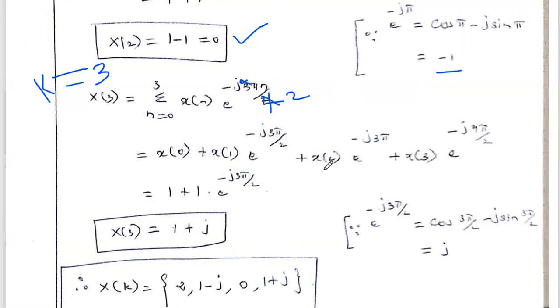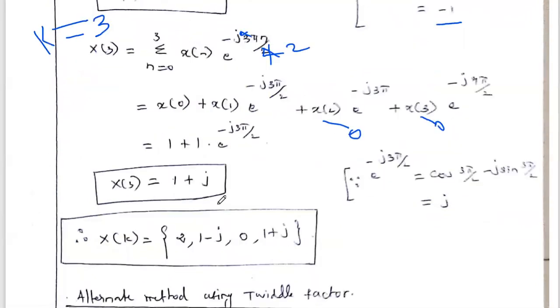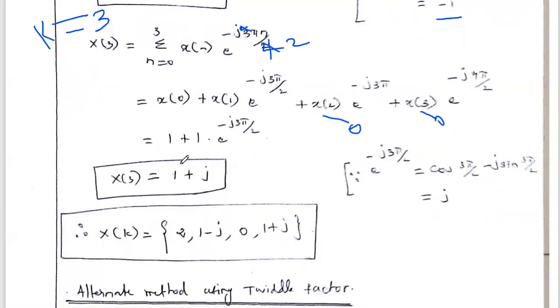Anyway, the x of 2 value and x of 3 value are 0, so the product of anything with them tends to be 0. So only we will get the first two terms. So x of 0 value is 1, plus x of 1 value is 1 into e power minus j 3 pi by 2.